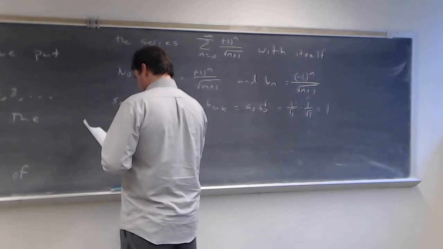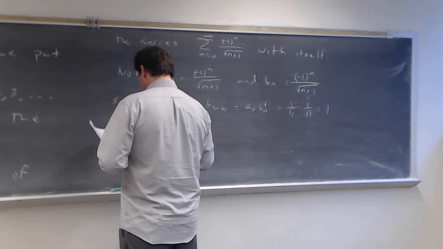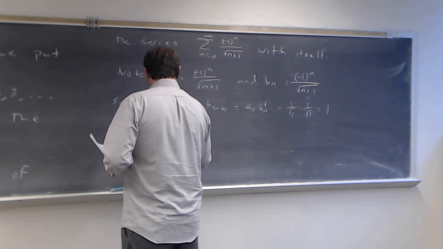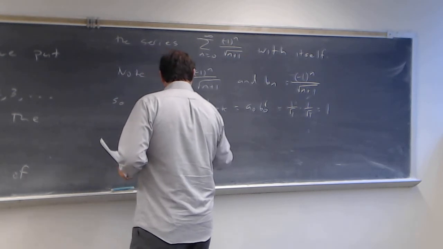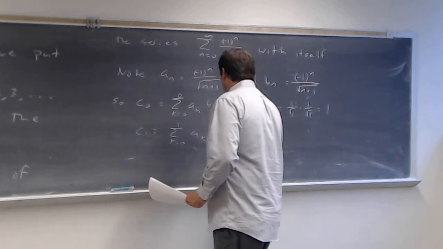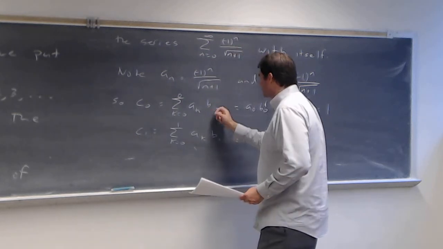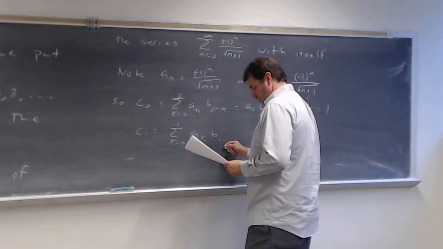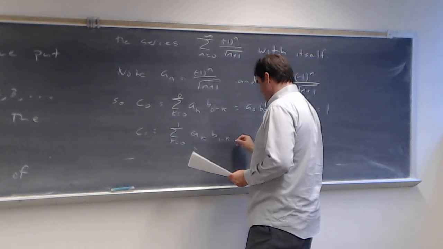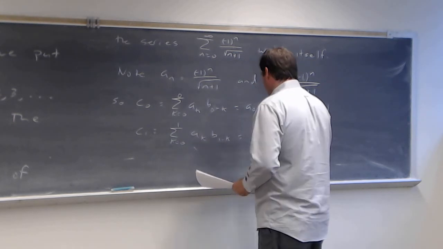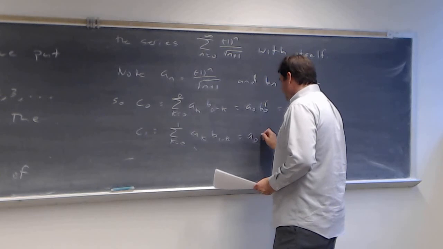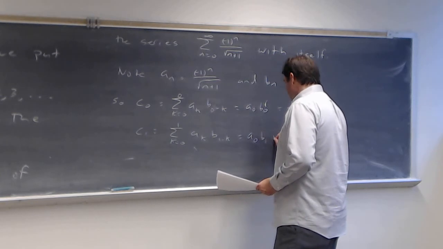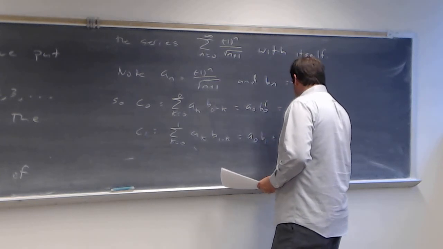Now, c sub 1 is going to be equal to the sum as k runs from 0 to 1 of a sub k, b sub, here I shouldn't have said n, I should have just said 1 minus k. And this is going to be equal to a sub 0, b sub 1 plus a sub 1, b sub 0.